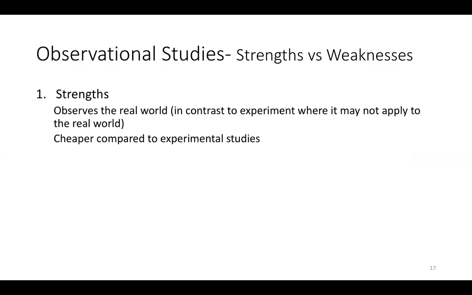Going back to our example of appendicitis, if surgery was the norm and researchers decided to compare non-surgical treatment of appendicitis in their study and came up with the conclusion that non-surgical treatment was better, it would not be applicable to the real world because practitioners may hardly be practicing that.